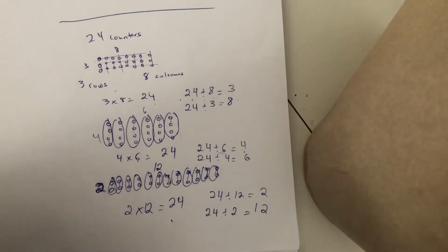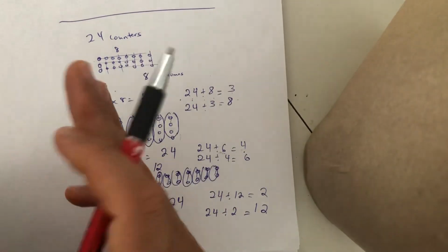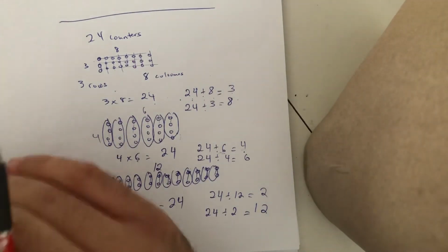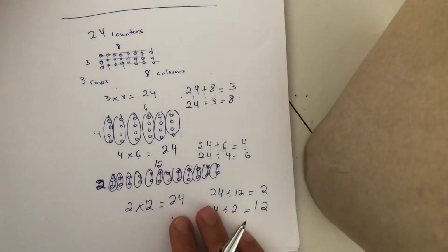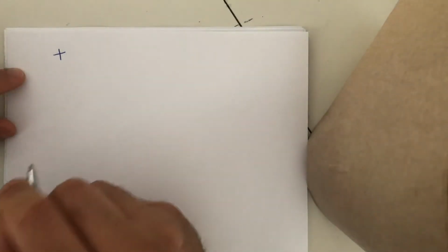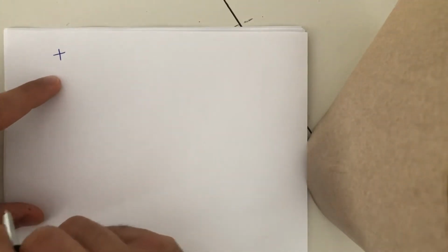For division, let's go back and talk about addition, subtraction, multiplication before we get to division. So when we used to add numbers, we called it a sum. So anytime we would add a number, the answer would be called sum.